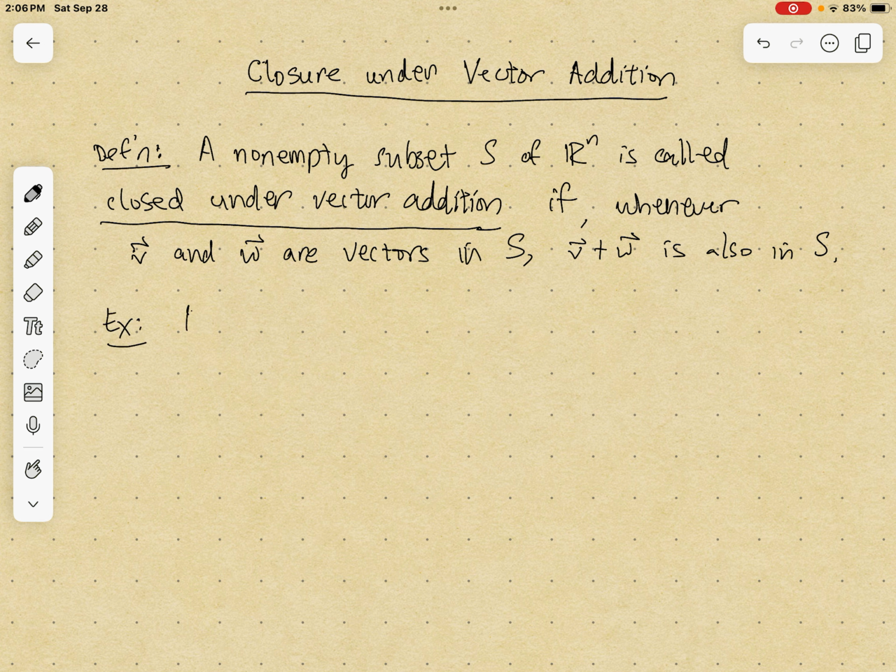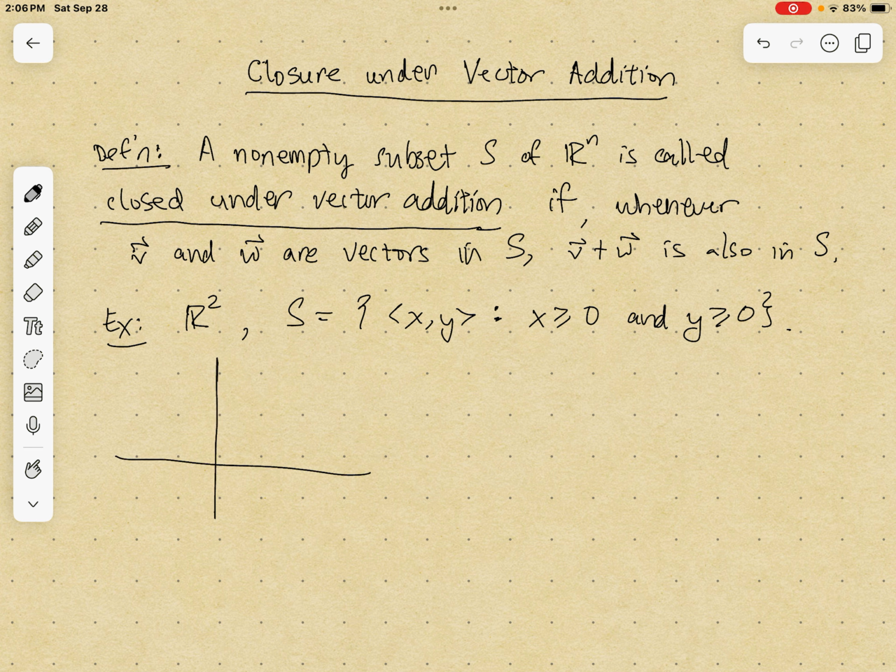So let's say that you have R2, so n is 2, and let's say that S is the set consisting of vectors (x, y) such that x is greater than or equal to 0 and y is greater than or equal to 0. Well, what does that look like?